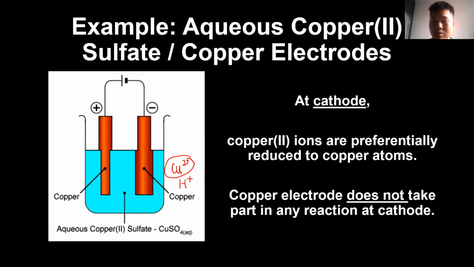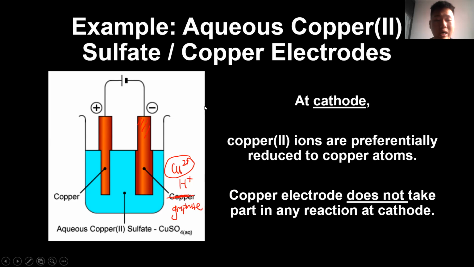And one common question in exams is: what happens if we change this copper electrode to graphite and copper remains at the anode? What difference will we have? There will be no difference, because the cathode over here doesn't take part in the reaction.